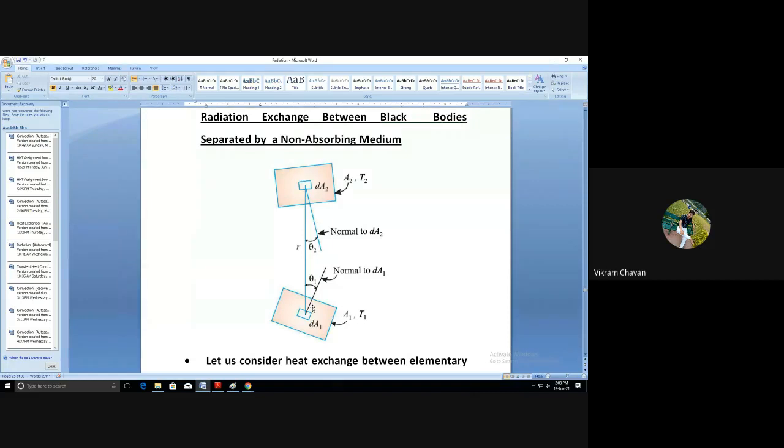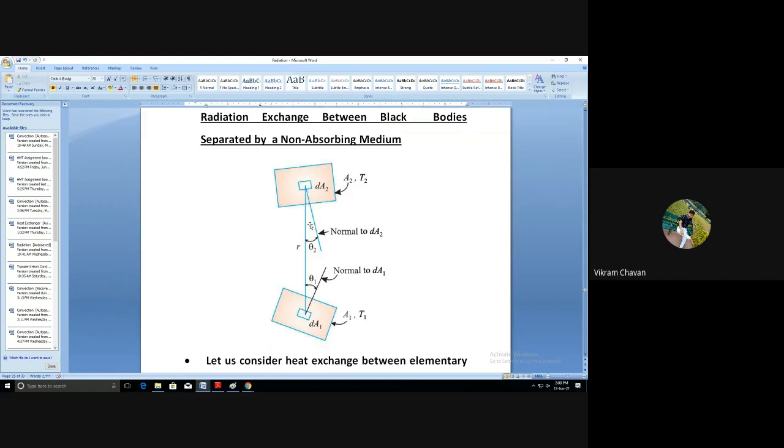So this is the normal to dA1 and this is the normal to dA2. The normal to dA1 makes an angle theta 1 with the line joining the center points of the two elementary areas, and the normal of dA2 makes an angle theta 2 with the line joining the center points of dA1 and dA2.